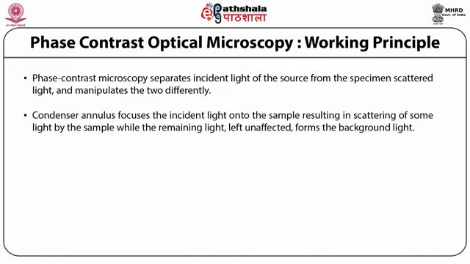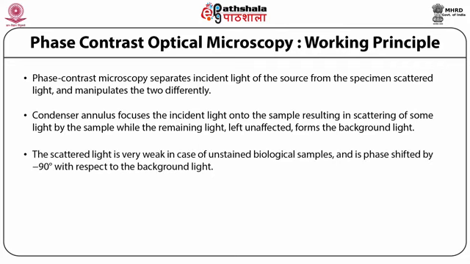Condenser annulus focuses the incident light onto the sample, resulting in scattering of some light by the sample, while the remaining light left unaffected forms the background light. The scattered light is very weak in case of unstained biological samples and is phase shifted by 90 degrees with respect to the background light.